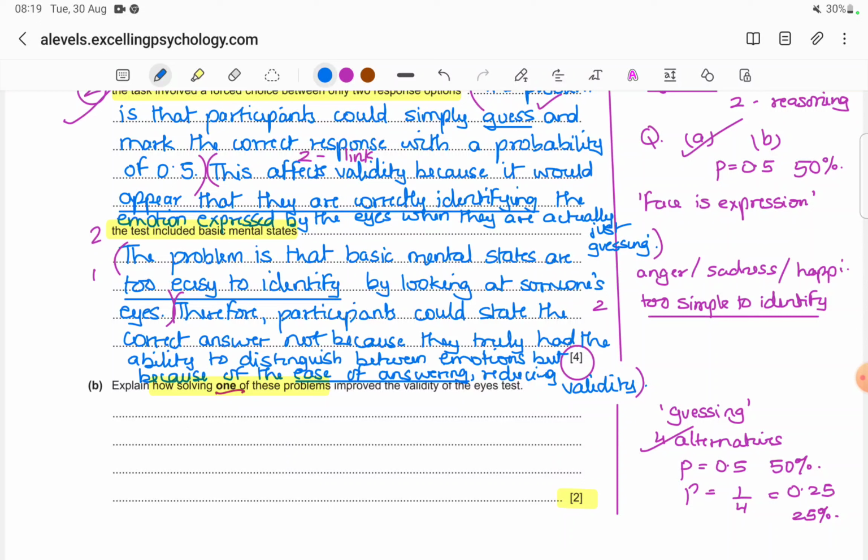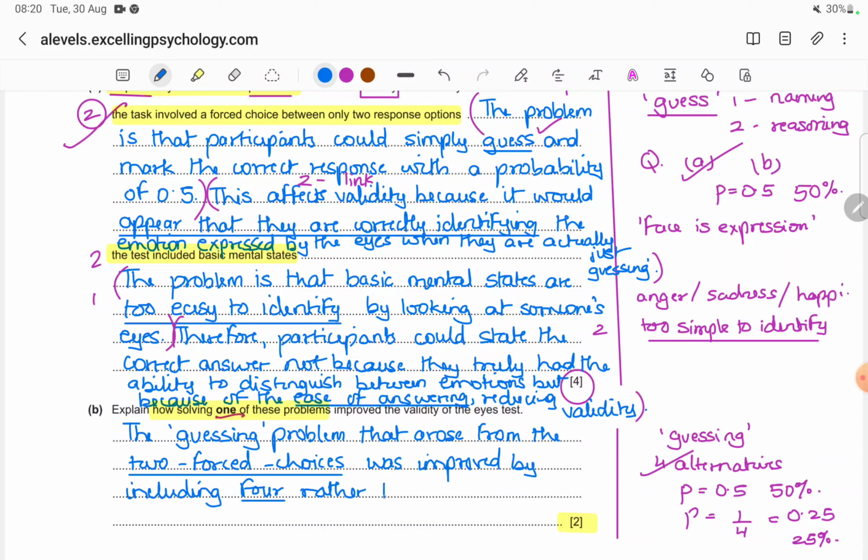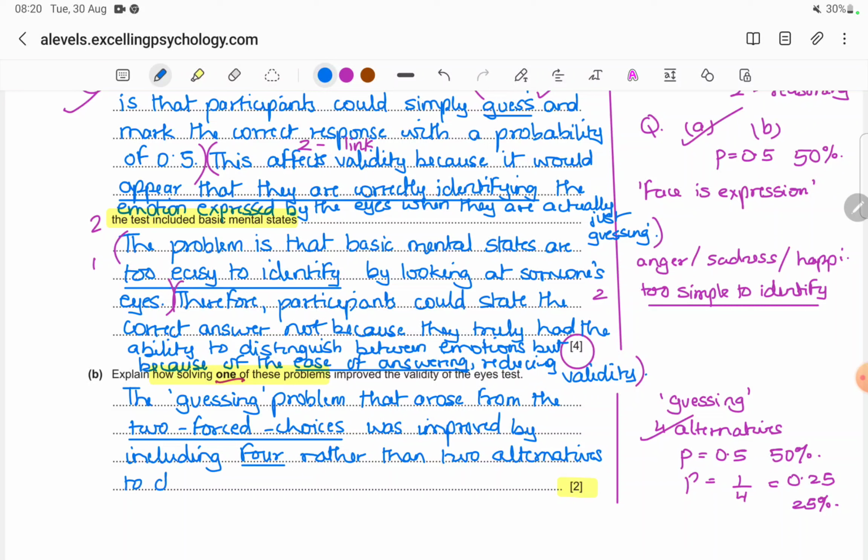Okay, so what we'll write here is: the guessing problem that arose from the 2 forced choices was improved by including 4 rather than 2 alternatives to choose from in each item.